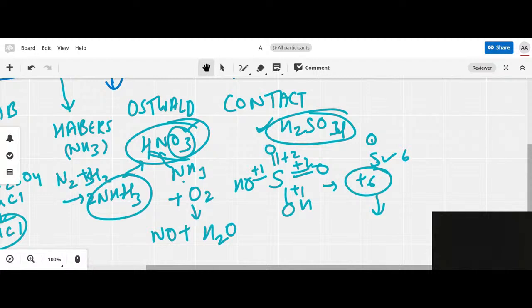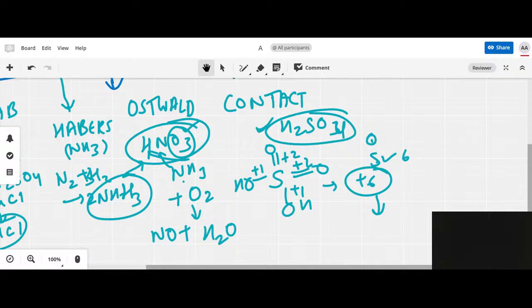More importantly, it is known as the king of chemicals since it has lots of applications, and it is produced by all the industries, right?